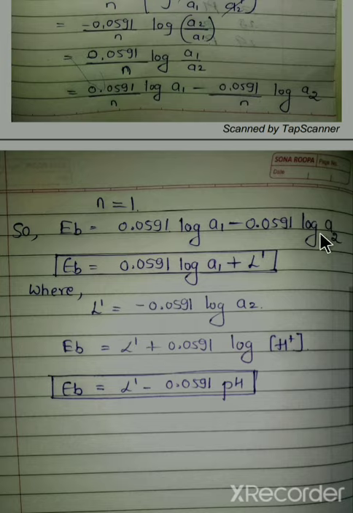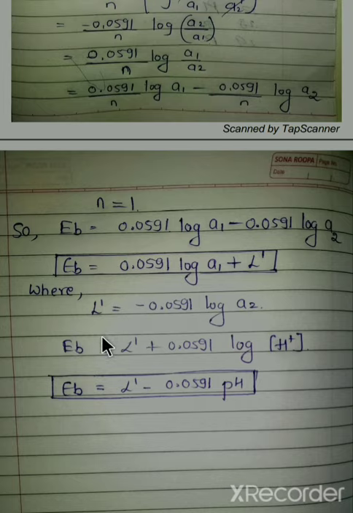The second term, along with the sign, we can consider as a constant. So I am taking the constant L dash, where L dash will be minus 0.0591 log A2. And the left term is 0.0591 log A1. So this is the first term.